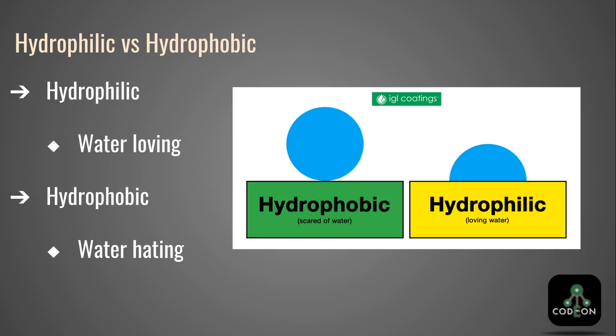On the other hand, we have hydrophobic, which is water-hating, or a molecule that's scared of water, as you see in the diagram on the right. This means that the bonds, which most of the time are nonpolar, are not going to feel any attraction to water, which is polar. And these molecules will often be lipids or, as we just said, nonpolar molecules.